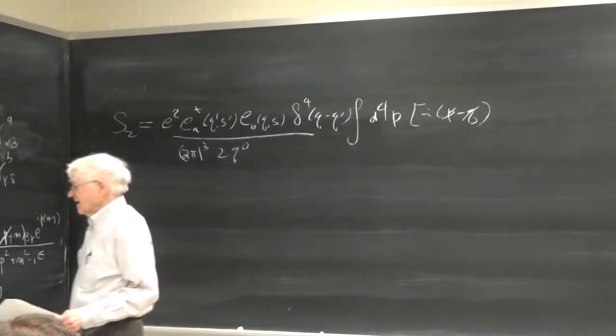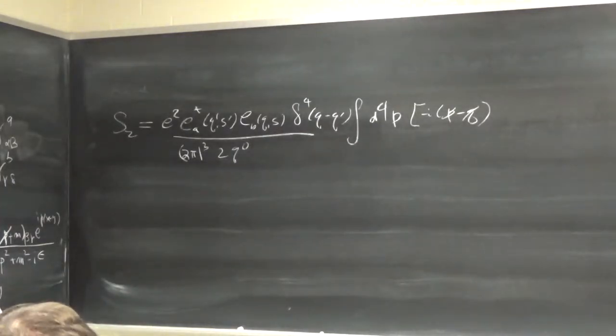That's because k is equal to p minus q prime, but q prime is q.